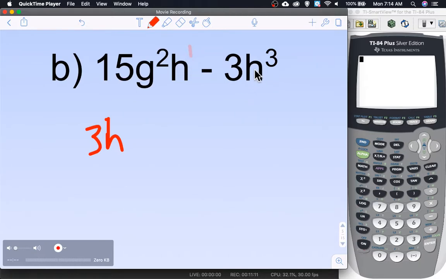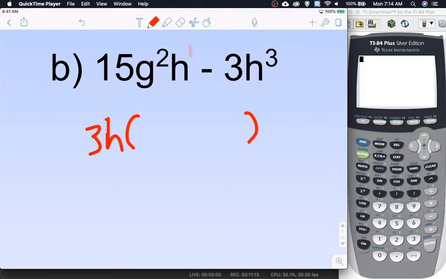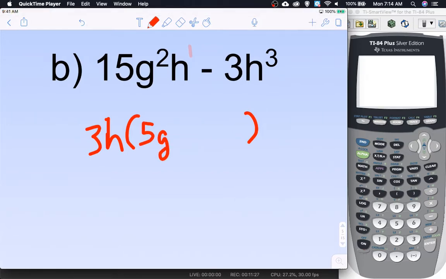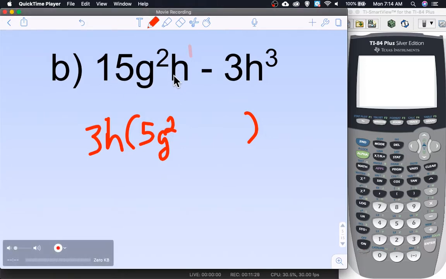Now, what would this look like after the factoring? Well, think about it. We divided, factored a 3 out of this, so that would become a 5. We did not touch the G's, but we did factor out this H. Now, if you look at it, if I would re-multiply this back out, if I would take this 3h times that 5g squared, we should get this first term back out. 3 times 5 is 15.